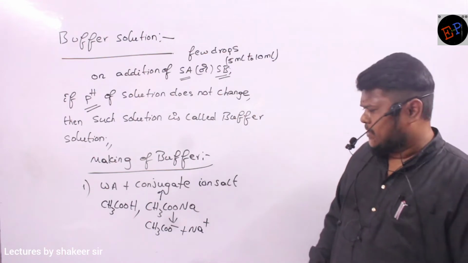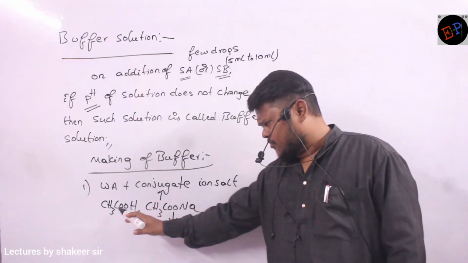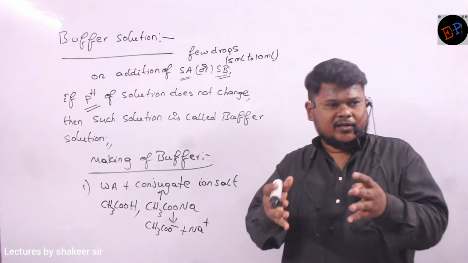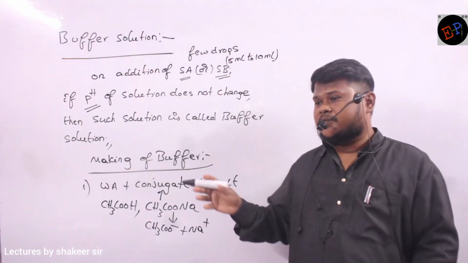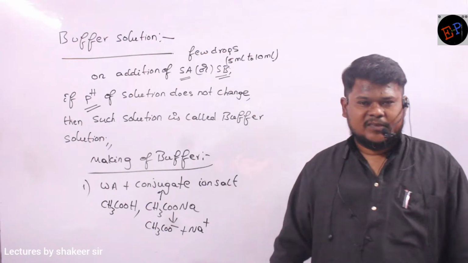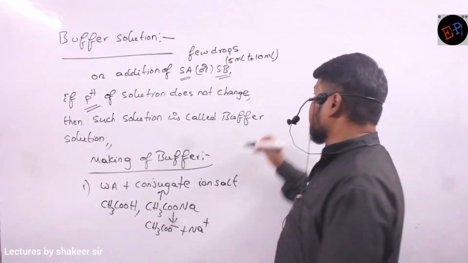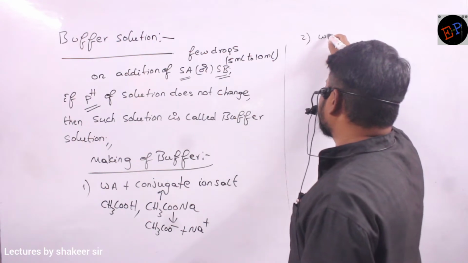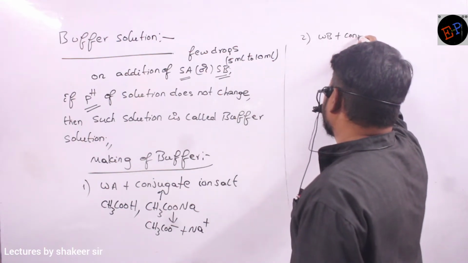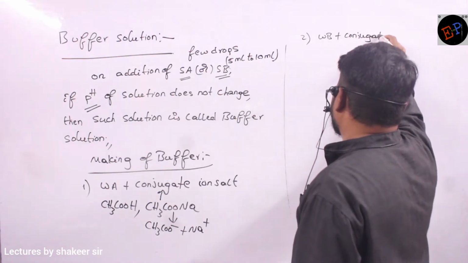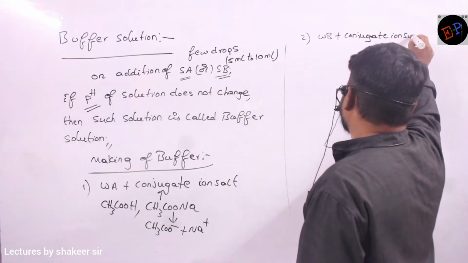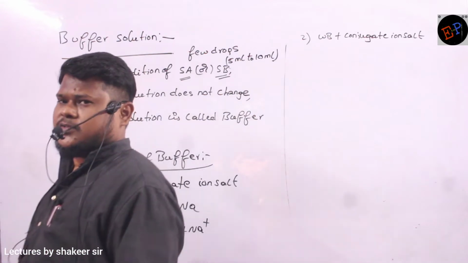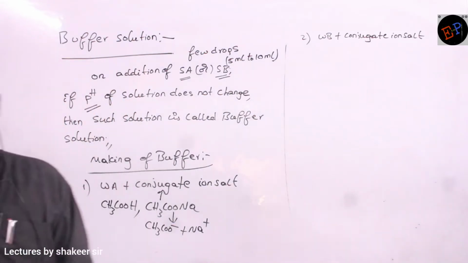So therefore CH3COOH and CH3COONa, when they are present in one aqueous solution, this solution behaves like a buffer. This is one condition. The second condition is, you can take a weak base and its conjugate ion salt.